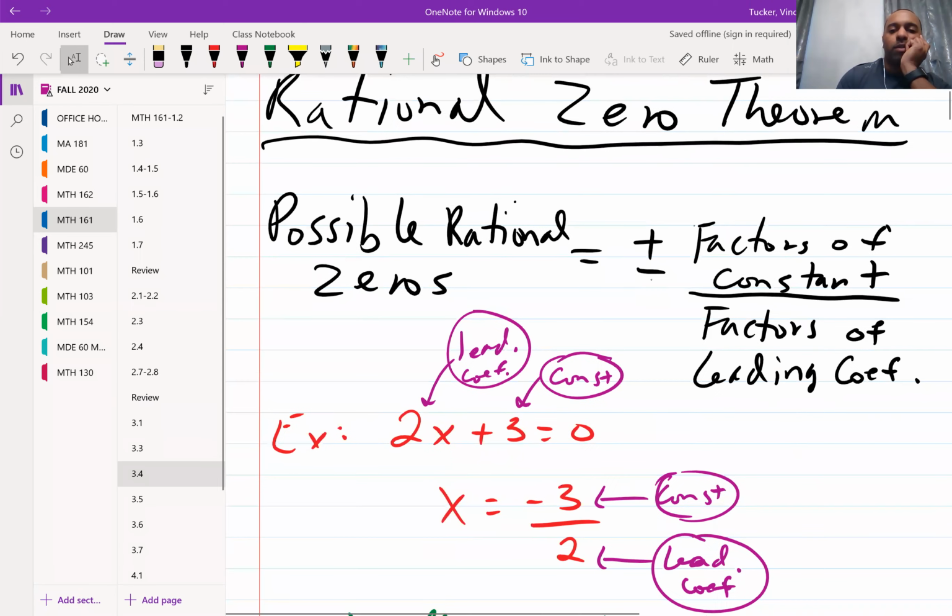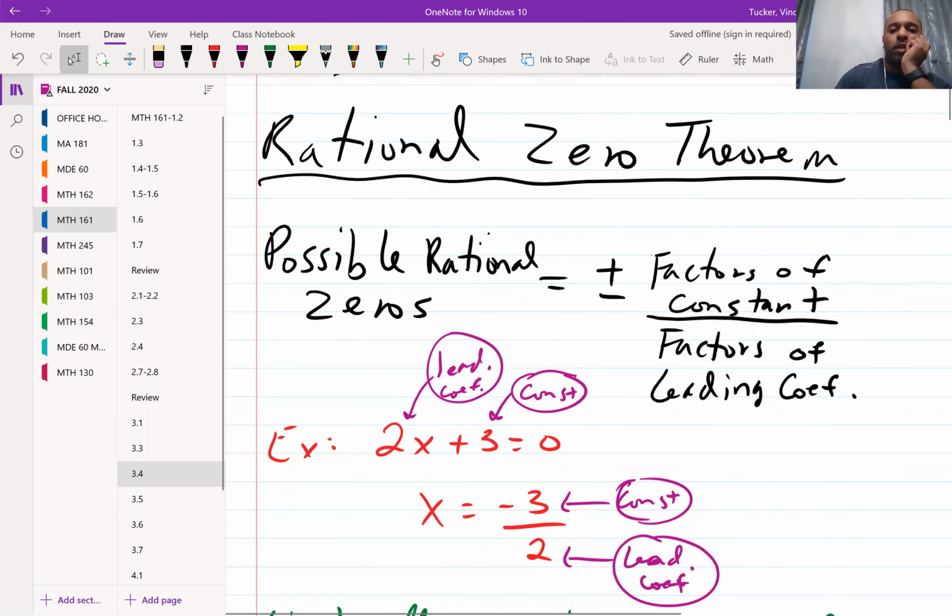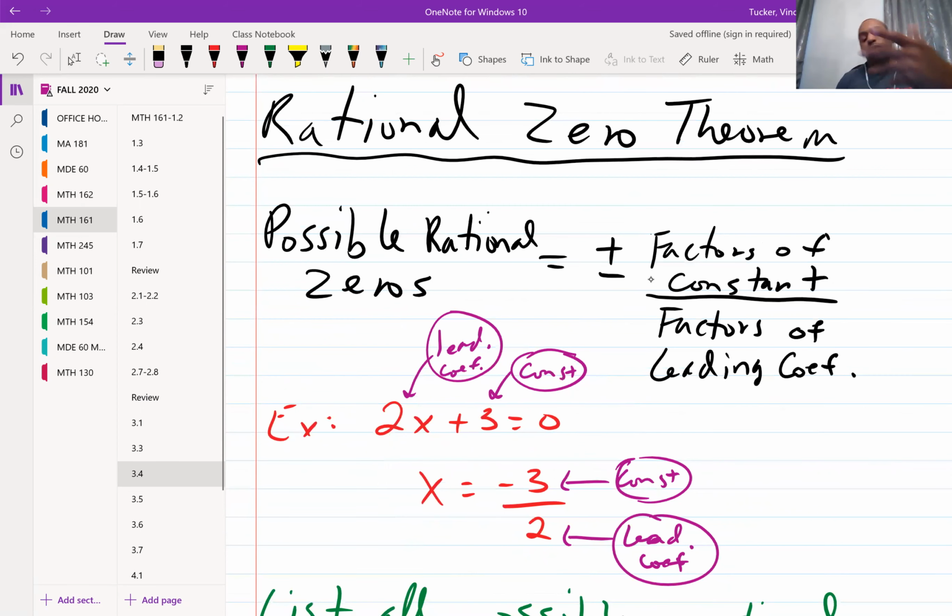And where that comes from is this: when you go to solve an equation, let's say I have 2x plus 3 equal to 0, I subtract 3 from both sides, then divide by 2. This 3 is my constant, and this 2 in 2x is my leading coefficient.